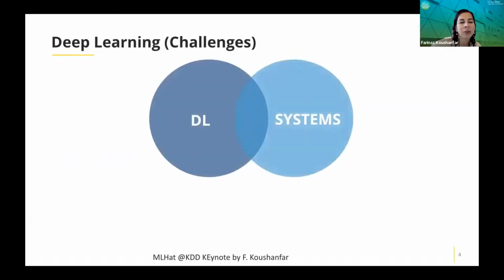Now, of course, you may ask me, now that you have these algorithms and each application can use one of them, what is the remaining challenge? I really think the remaining challenge is customizing these deep learning models to the systems and to the applications.